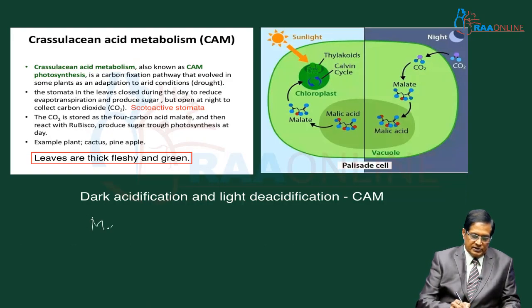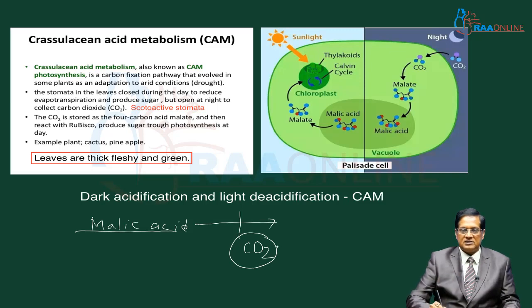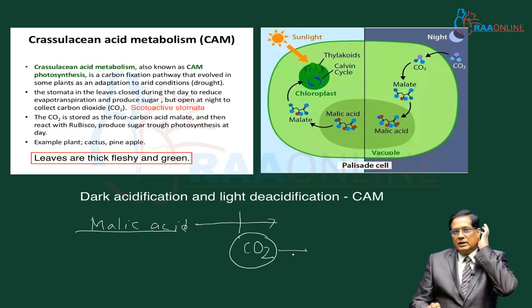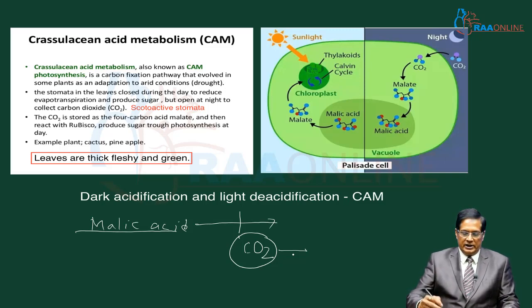Malic acid, or malate, is formed at night. This undergoes decarboxylation during the day, and carbon dioxide is released. Stomata are closed, so carbon dioxide can't be taken by the plant from air, and this is the only source during daytime.